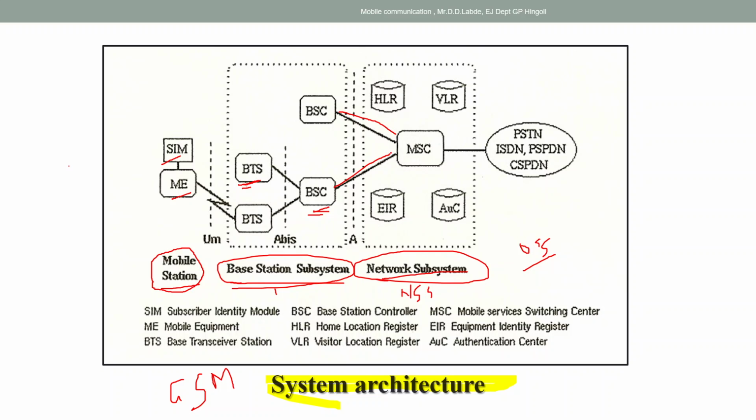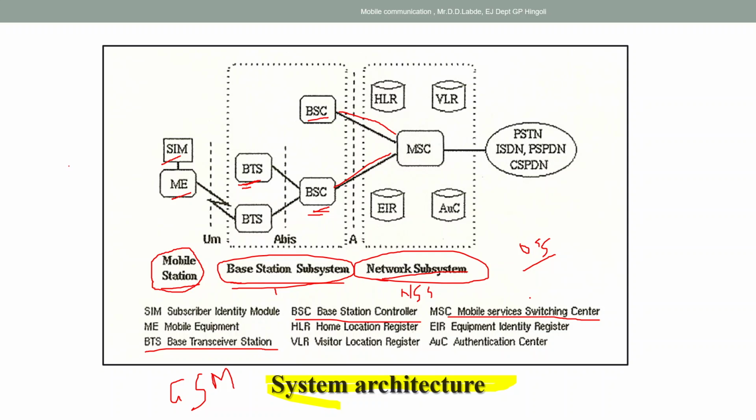BTS means base station transceiver, BSC means base station controller. This is all represented here: BSC is base station controller, BTS is base transceiver station, MSC is mobile services switching center.